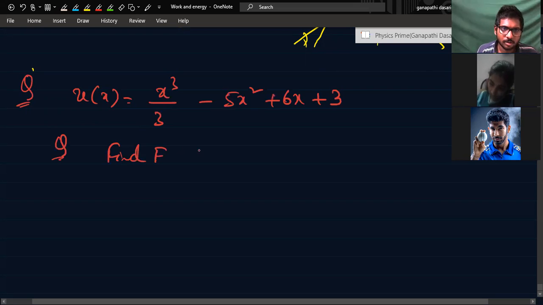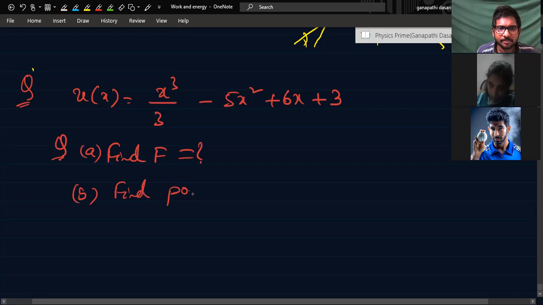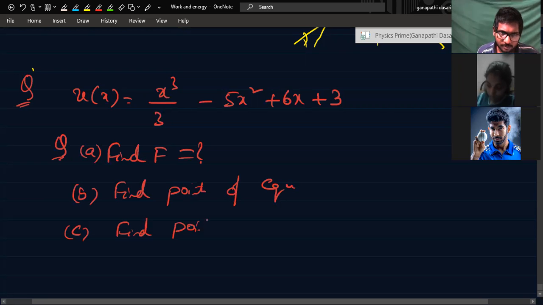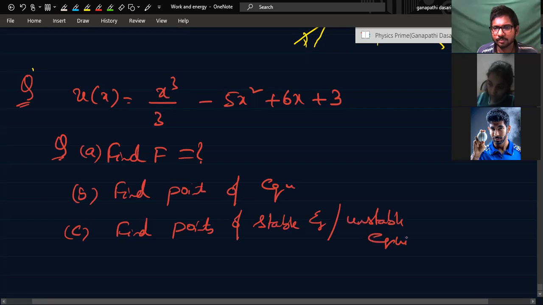Question B is find points of equilibrium. Then find points of stable equilibrium and unstable equilibrium. You got the question? Yes, sir. Try to find it out.